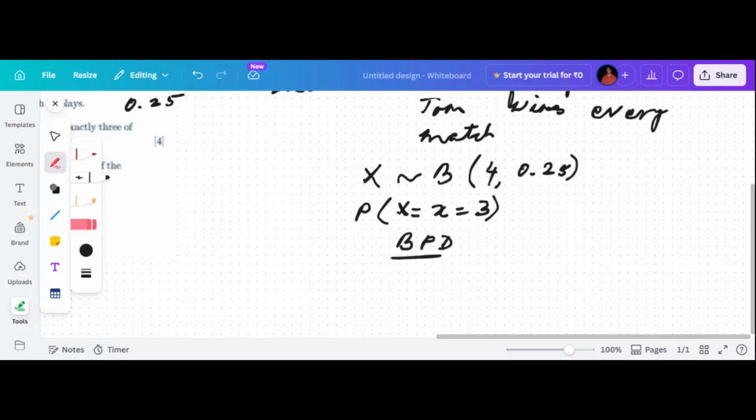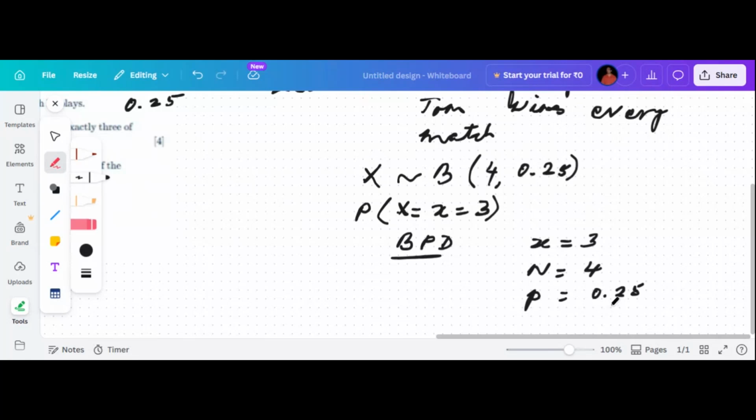We will say x is 3. Number of trials is 4. Probability of success is 0.25.